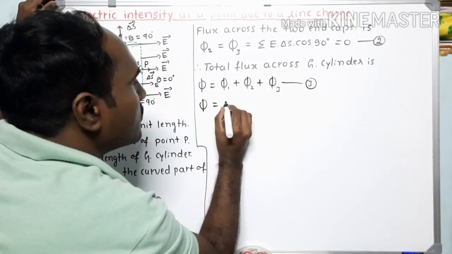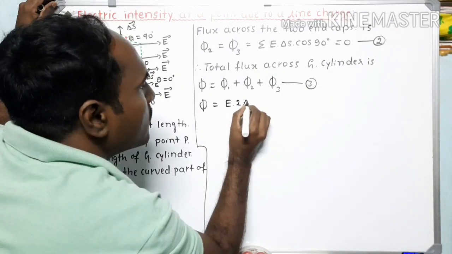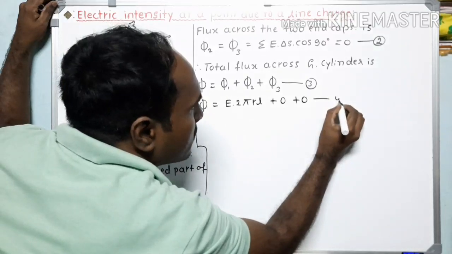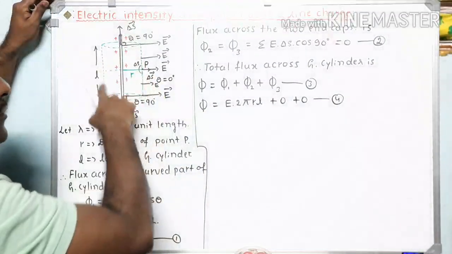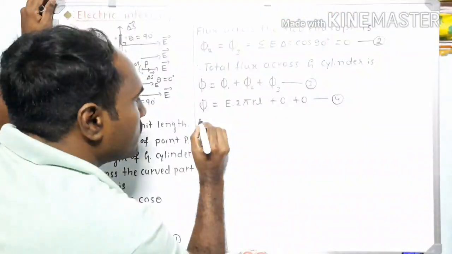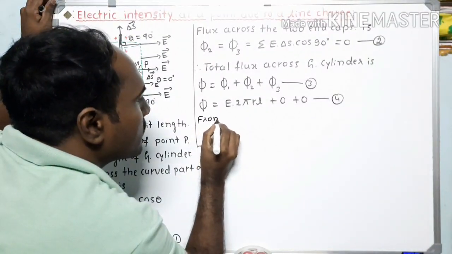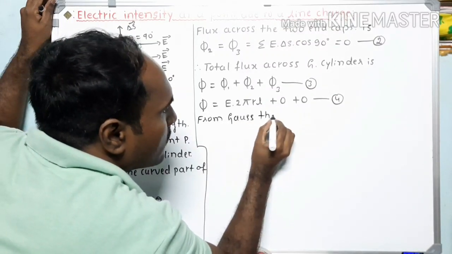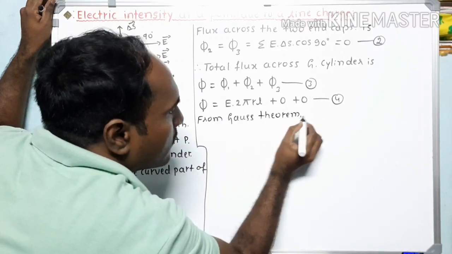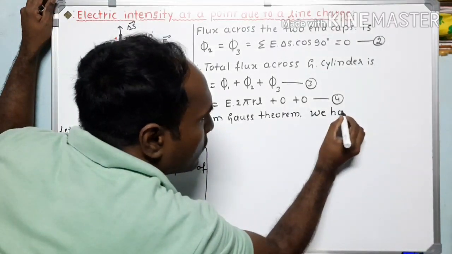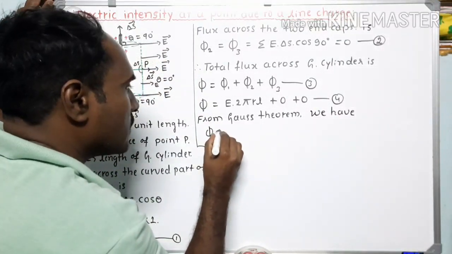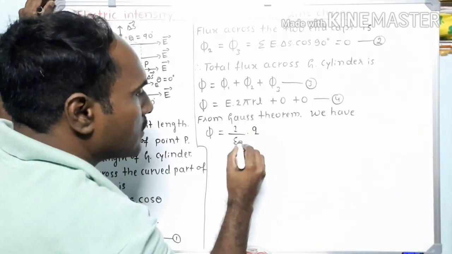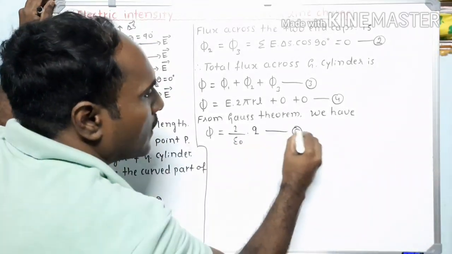Therefore total flux is equal to phi1, which is E into 2 pi r L, plus 0, call it equation 4. This is the total flux across the Gaussian cylinder. Also we have from Gauss theorem, total flux across any closed surface is equal to 1 upon epsilon naught into total charge enclosed, called equation 5.